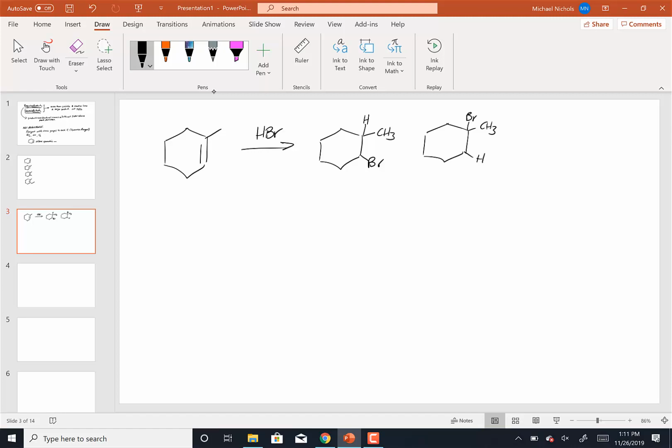But the people who came up with stereo and regio selectivity, and I don't know who those were, but they were back in the 50s, they didn't make a distinction between 51-49 and 100 to 0. So if a product is possible but it's not formed, it's still possible.